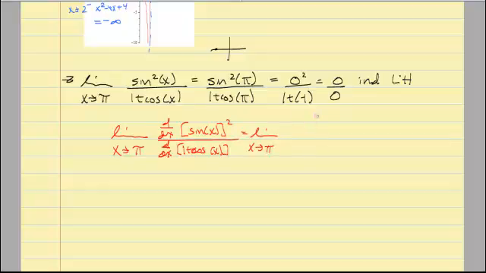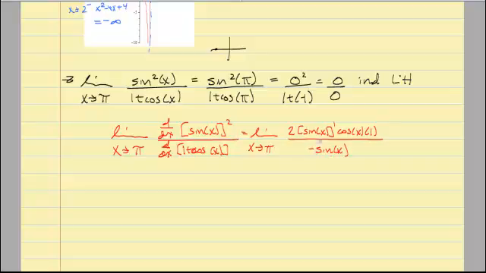Okay, so let's go ahead and actually take those derivatives. When we take the derivative of sine of x quantity squared, it's the chain rule. You bring the 2 down, decrease the exponent by 1, multiply it by the derivative within. The derivative of the sine of x is the cosine of x times the derivative of x. The derivative of 1 plus cosine of x is easy because the derivative of 1, the derivative of a constant, is 0, and the derivative of cosine of x is a negative sine of x.